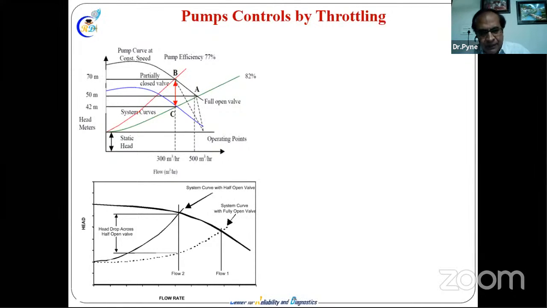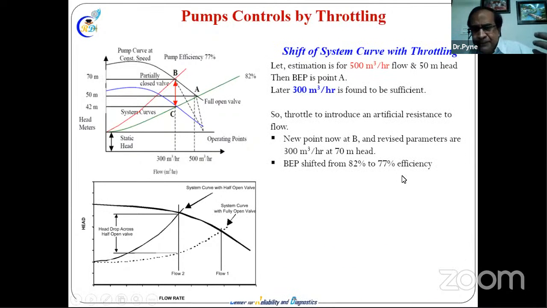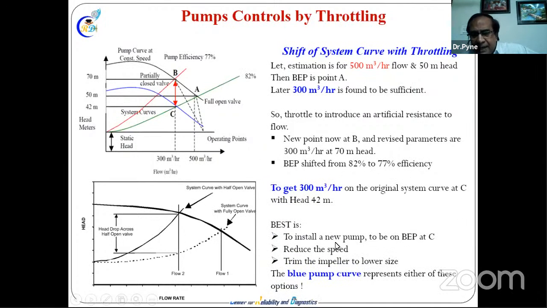Okay, that's what. Because you see, the system curve is the bottom one, it has to flow like this. In an example, if you shift, the new point comes at 80 to 77%, and at 300 you can see here you have to encounter 42 meter head.